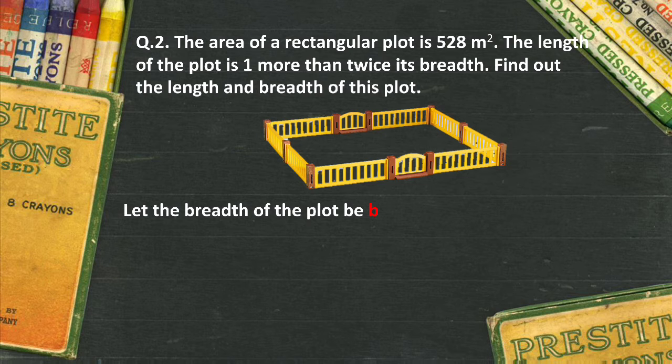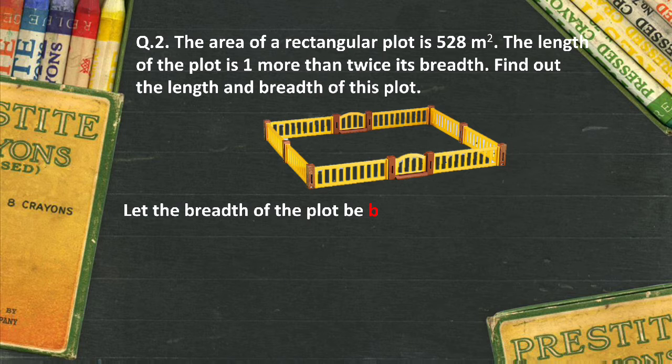Now, in the question, you are given that the length of the plot is one more than twice its breadth. So, one more as in add one, right? If I had one chocolate and I want one more, it is from whatever I had, I want one extra. So here the length of the plot is one more, then twice its breadth.